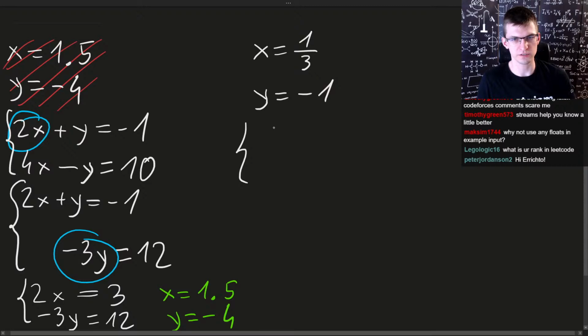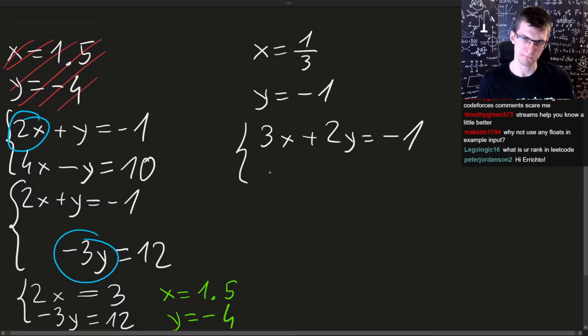Then the equations are 3x plus y is 0, maybe plus 2y minus 1, but now it's getting complicated. I cannot in the input include something like 0.66. So nope.